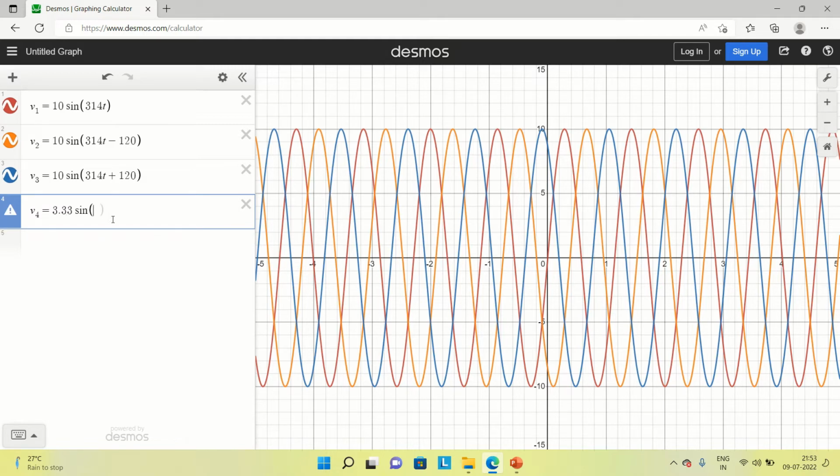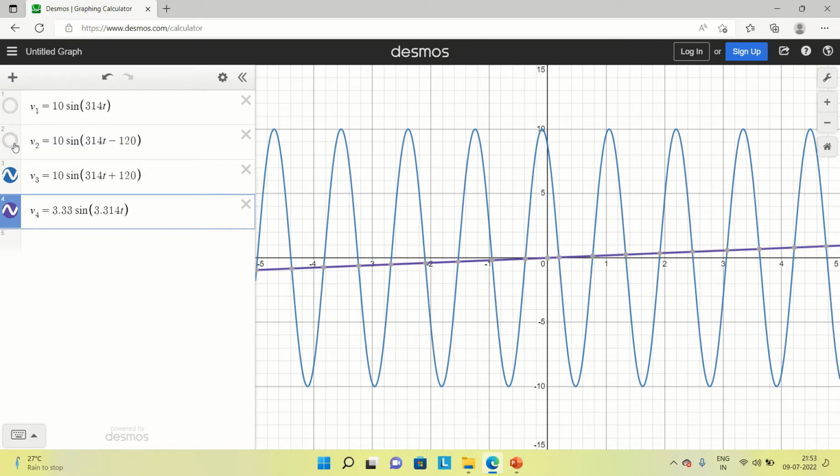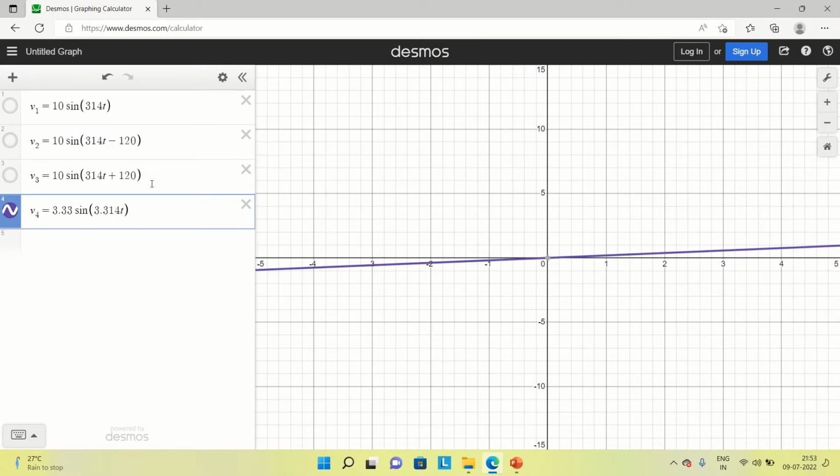In fact, 3 times omega t I have to consider. 314t. I have to consider 3 times of 314t. Let me disable these two waveforms. In fact, all three waveforms. Let me see. 3 times 150.